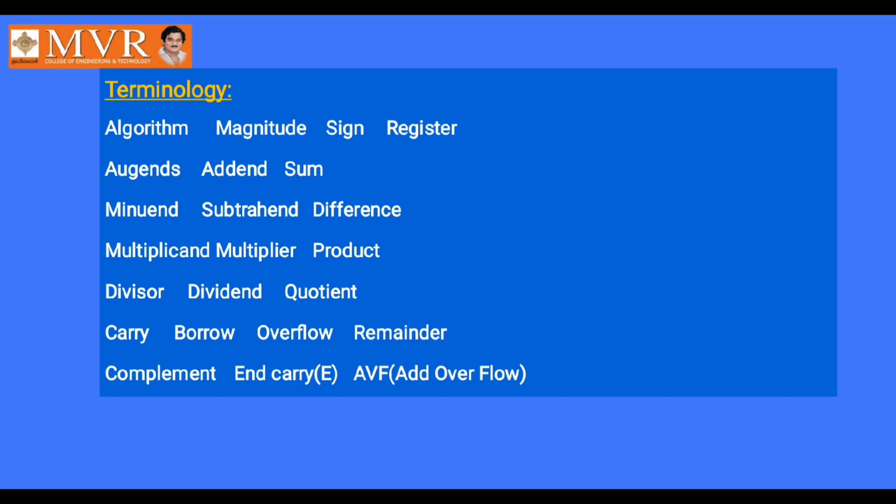But after completion of the 8 bits, when you add the 8th bit of the 2 input values, the carry that you generate is called an end carry. So that is the difference between a carry and an end carry. And as I told you, AVF is a single flip-flop bit which is used to store the add overflow. After performing the addition, if you get any overflow, it will be stored in that register called AVF.